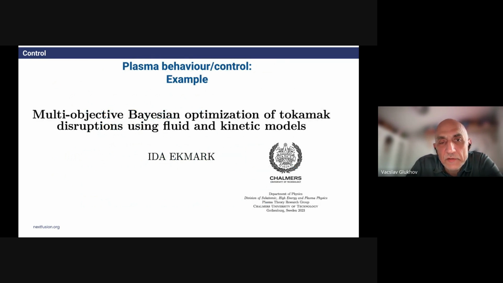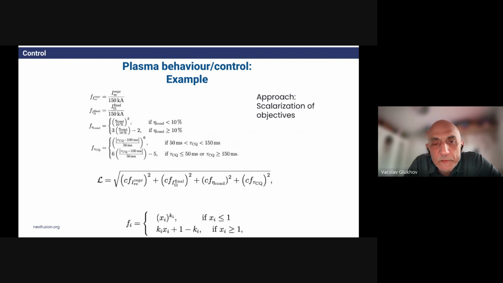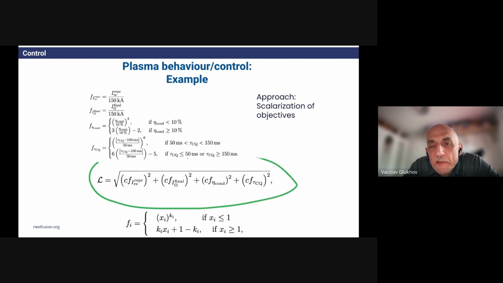I'd like to briefly talk about multi-objective Bayesian optimization of tokamak disruption. So this is an example of the design where there are multiple objectives. It's what they want to see in their disruption prevention, and this is how they combine it into a single objective.